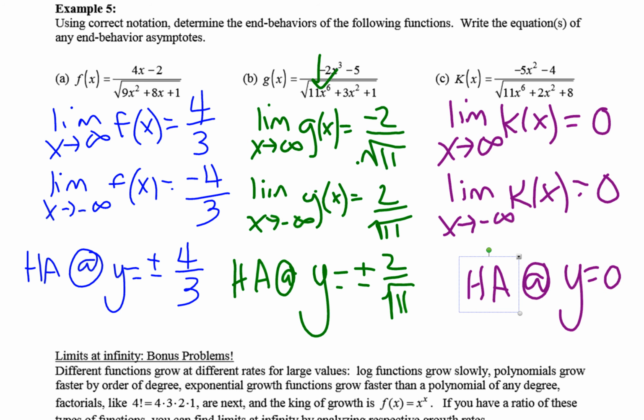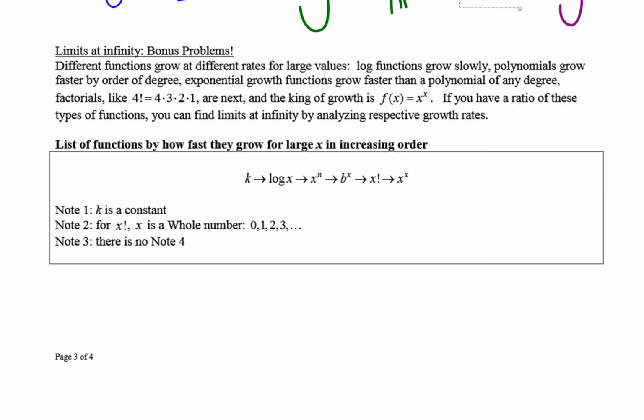All right, so we have some bonus problems for these limits at infinity. The degrees are easy because it's just the same kind of function. You're just comparing the degrees, but not all functions are as simple as that. If we have a constant, that's probably the slowest, because it's not really growing much at all. If we have logs, they're the next slowest.